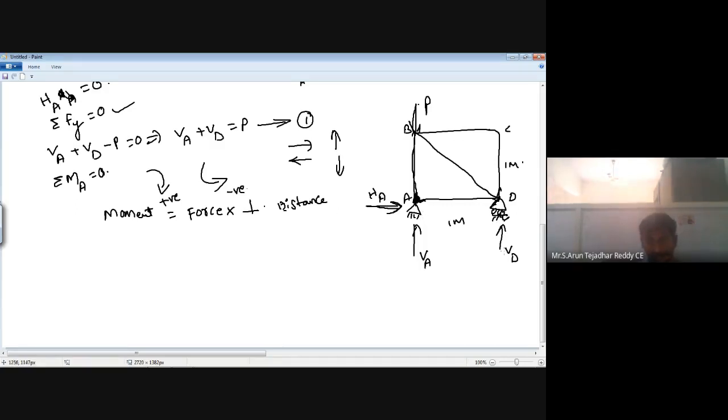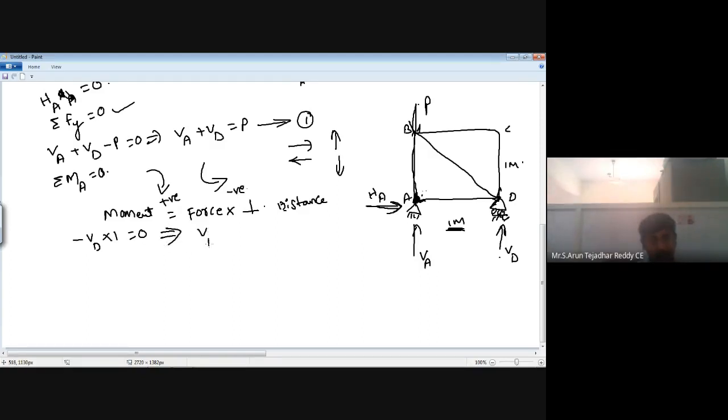Here one force is acting, that is VD, with a perpendicular distance of 1 meter, because A is our reference point. From D to A, our perpendicular distance is 1 meter. VD is in the anti-clockwise direction. It means minus VD into 1 meter. Minus VD into 1 is equal to 0.